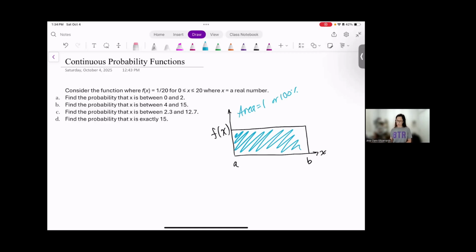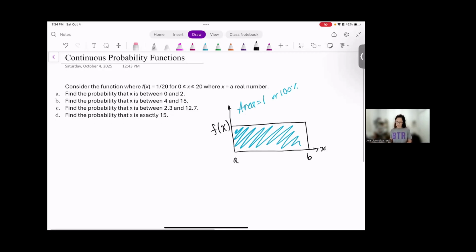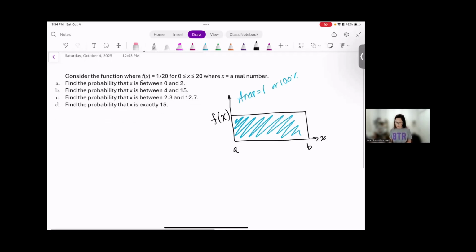So let's look at the problem that we're considering here. We have a function where f of x is 1 over 20, and the values go from 0 to 20. Those values from 0 to 20 are specific because the function value is 1 over 20. So I want you to think about this for a minute. If the area under the curve is equal to 1, then the product of the base and the height also needs to equal 1.